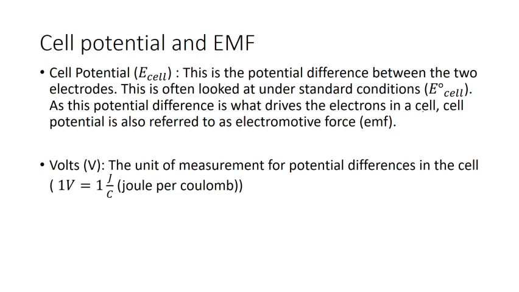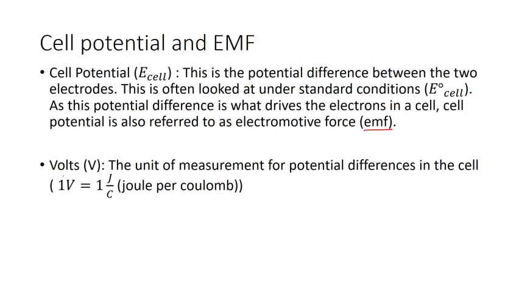If you remember from our talk about standard entropy and standard Gibbs free energy, that little circle denotes standard conditions. So that's 1 molar and 1 atmosphere. And this potential difference is what drives electrons through the cell, and the cell potential difference, the E cell, is also referred to as electromotive force, or EMF.